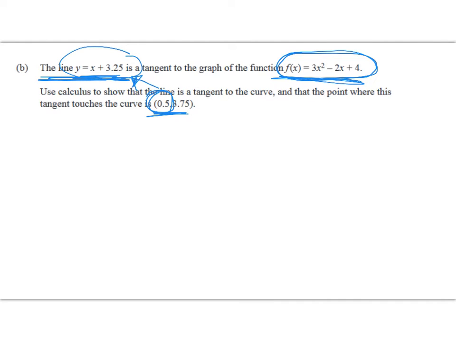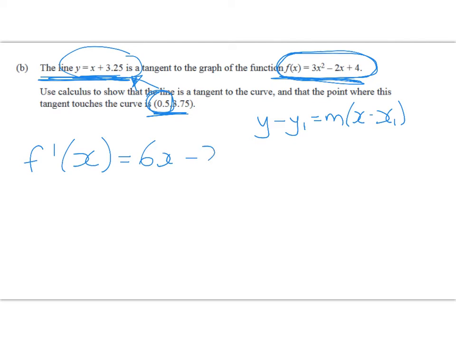When we're working with the equation of a straight line, one thing that's really useful to have is the point gradient equation, and we've used that over and over in class. If you've done the coordinate geometry standard, that will be really familiar to you as well. Anyway, what am I going to do? Well, I'll differentiate f and I get 6x minus 2. So that's my gradient function for anything.